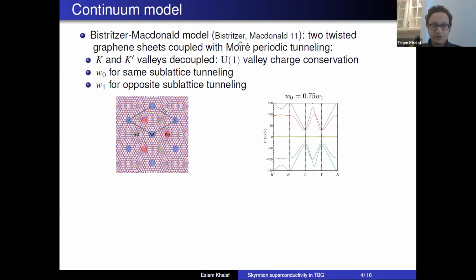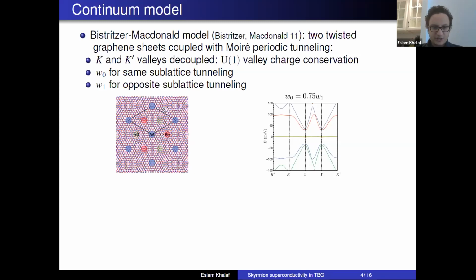The two graphene sheets are coupled through some tunneling that has the same periodicity as the moiré pattern. This tunneling is specified by 2 parameters. To understand these 2 parameters, look at this moiré pattern, and you can see that sometimes locally it looks like the graphene sheets are AA stacked, and in some other places it looks like they are AB stacked.